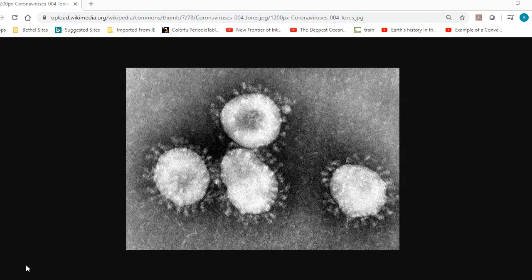And what goes on is this virus will attach. There's a number of ways it can get in through mucous membranes and so on. But basically, it's going to attach to some cell endothelial lining, some portion of your respiratory tract, or eyes or nasal passages, something like that.